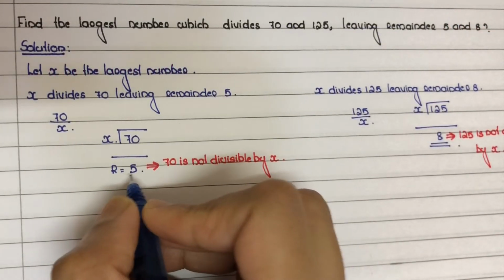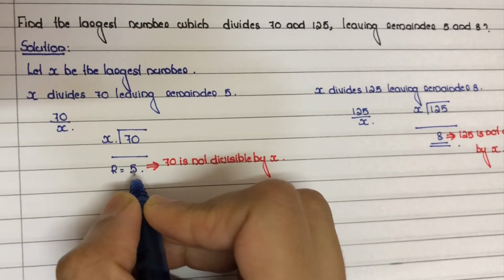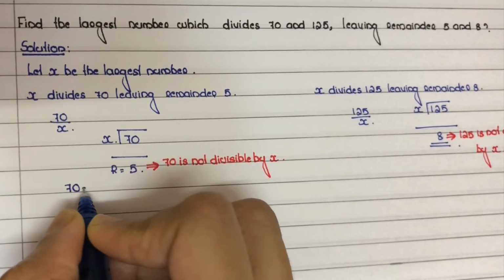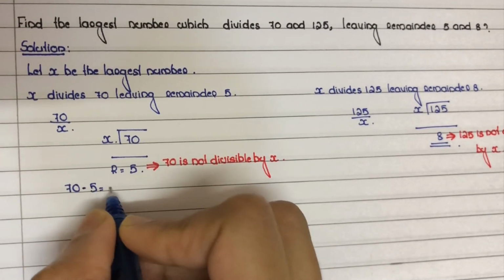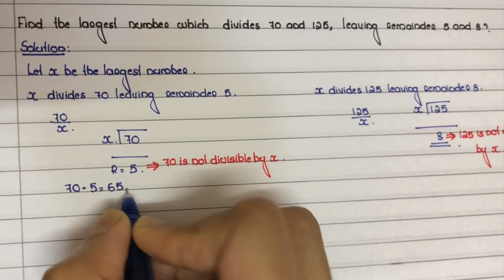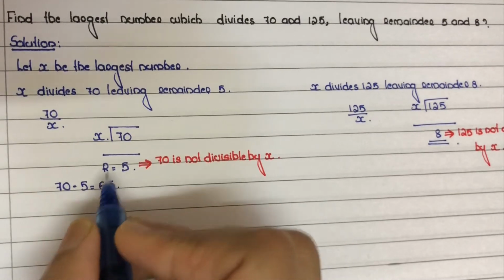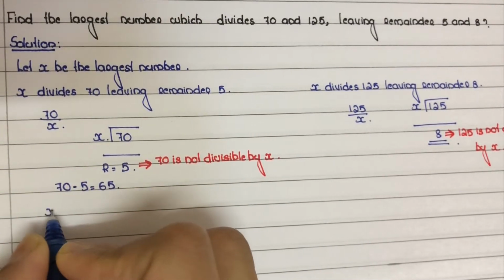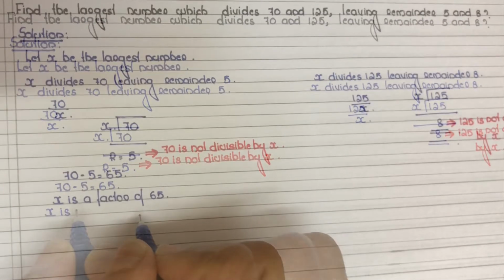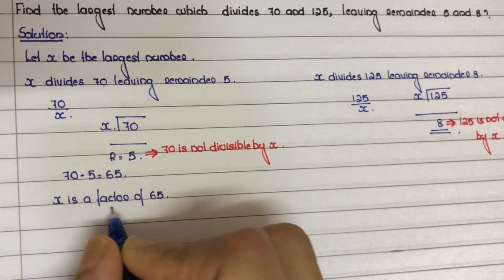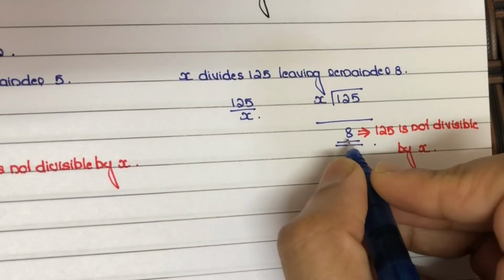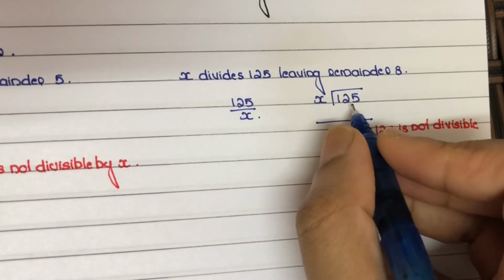So in the same way, subtract this remainder from the dividend. That is 70 minus 5 equal to 65. Now we can say that x is a factor of 65, right? Similarly, subtract this remainder from the dividend.